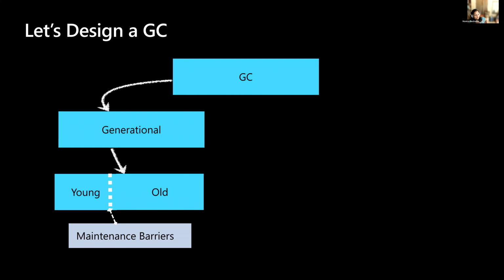To be able to handle old-to-old or old-to-young references, there's a tracking overhead. You can call it card table maintenance, barriers. And every collector has its own overhead with respect to that as soon as you add the generational part to the collection.